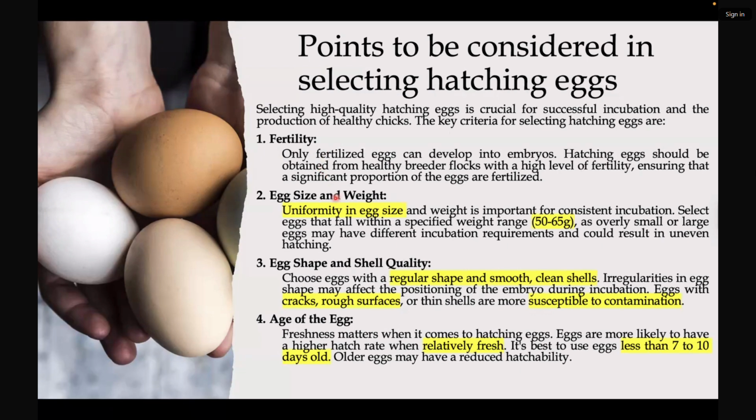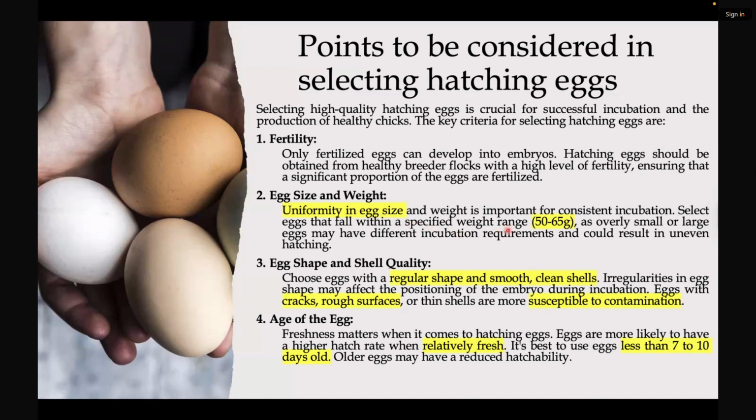Then we have the egg size and weight. We have talked about uniformity in broilers, in layers, in parent stocks, etc. In parent stock, when we are talking about uniformity, we talked about the uniformity of egg size as well, right? So it is important here to have eggs of uniform size for incubation.